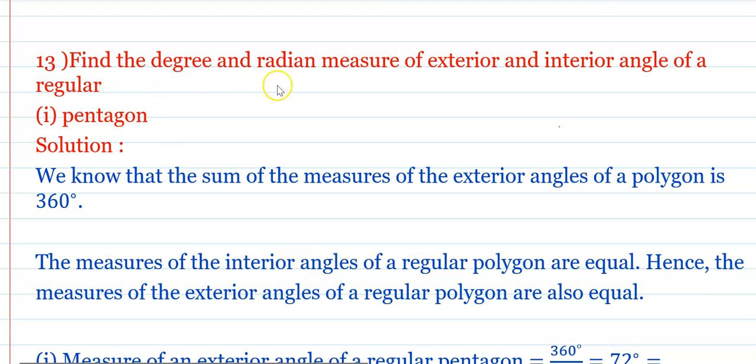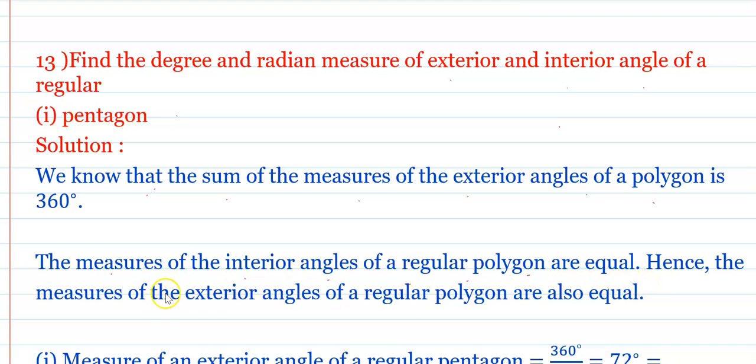Find the degree and the radian measure of the exterior and the interior angle of a regular polygon. First is pentagon. We know that the sum of the measures of exterior angles of a polygon is 360. The measure of the interior angles of a regular polygon are equal, all its interior angles are equal.